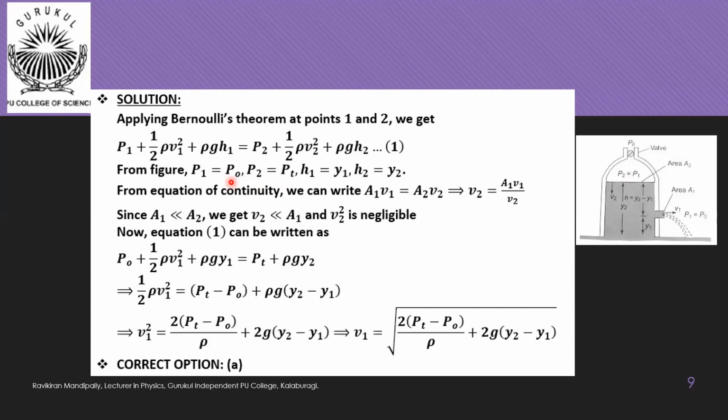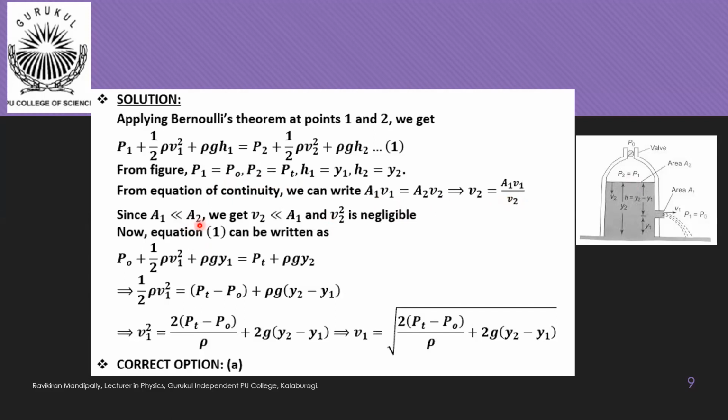Then if you use the equation of continuity, we can write A1 V1 is equal to A2 V2. That gives us V2 is equal to A1 V1 by A2, not V2. Please make the correction. And here A1 is much lesser than A2.